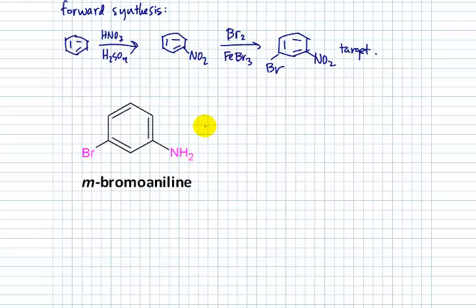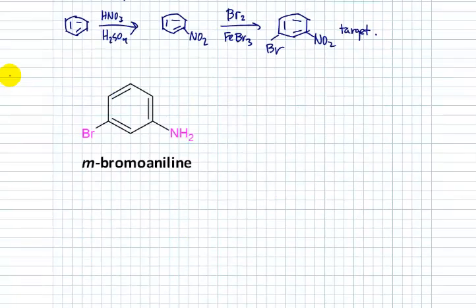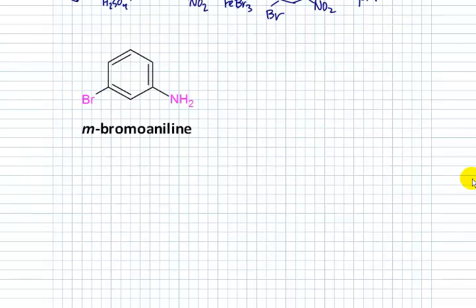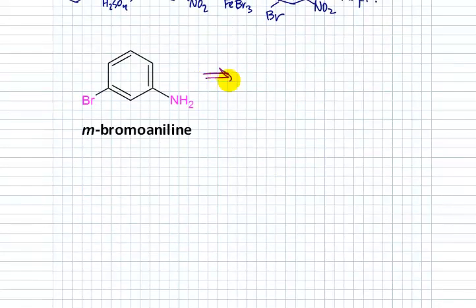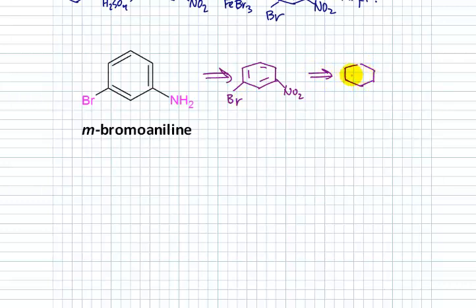So if I do retrosynthesis, I know that this NH2 can come from, here, let's do purple. We can make an NH2 group out of a nitro group. That will allow the bromine to be put on.